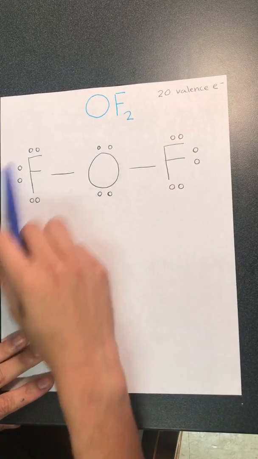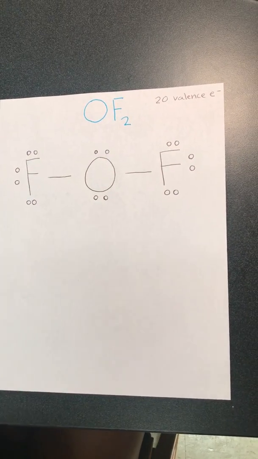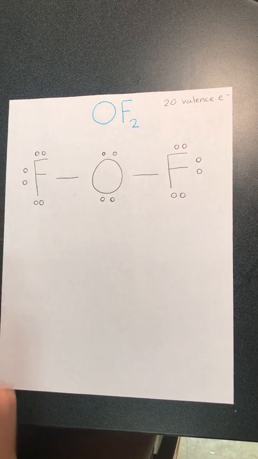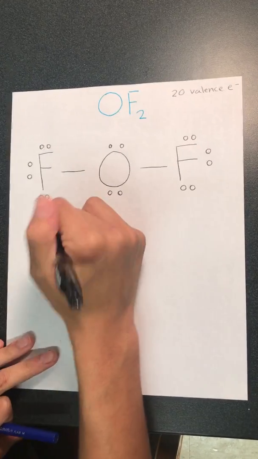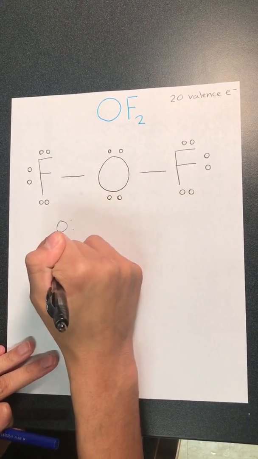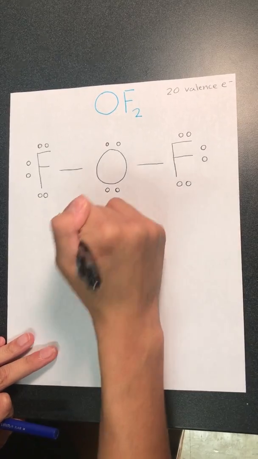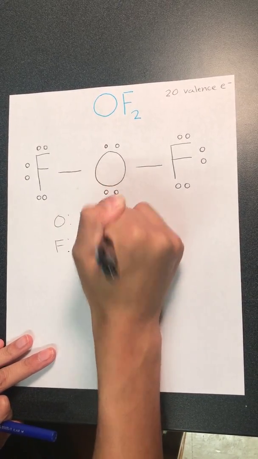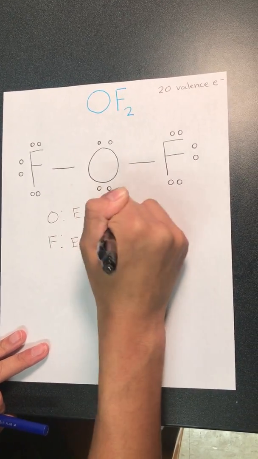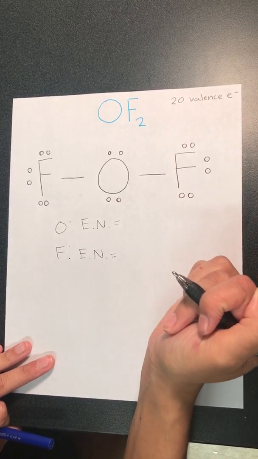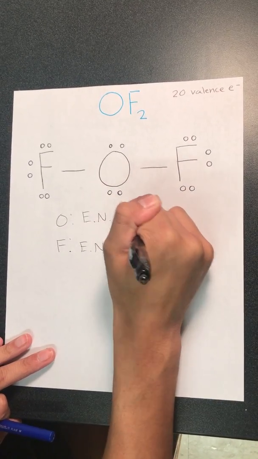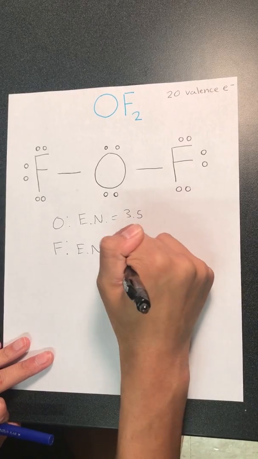We have the right Lewis dot structure here, and so we'll go ahead and start with our partial charges. So we have oxygen and fluorine, and their electronegativities are, let's see, oxygen's is 3.5 and fluorine is 4.0.